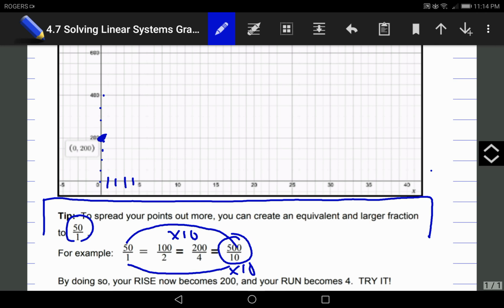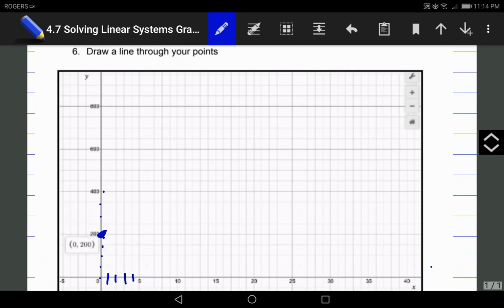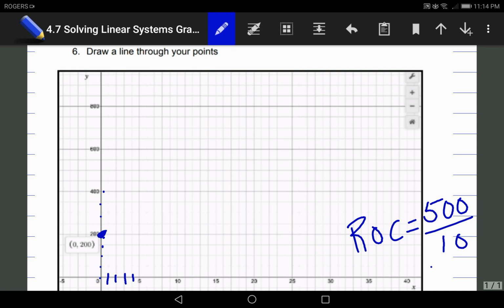Okay, so let's scroll up. So now I'm going to use the rate of change. Instead of 50 over 1, I'm going to use 500 over 10. I basically made the fraction 10 times larger. So now my rise is 500 units, and my run is 10 units. Okay? Because it's rise divided by run, 500 divided by 10.